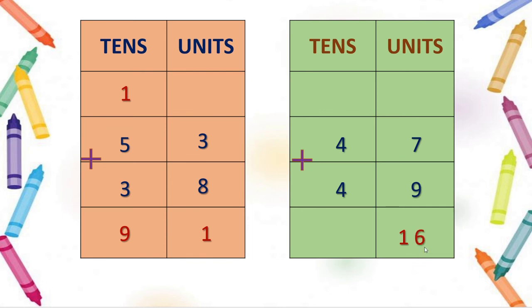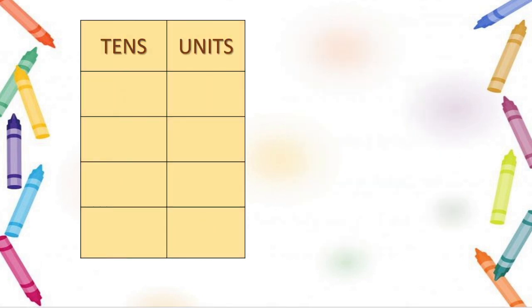Okay, 6 will remain here and 1 is carried over to the tens place, and 1 plus 4 plus 4, that is equal to, good, 9. So 9 tens and 6 units is our answer. That is nothing but 96. Correct? Am I right? Okay, I hope you understood how to do these types of sums.